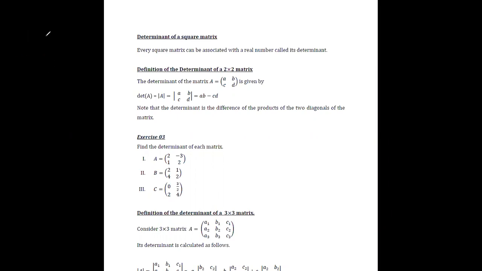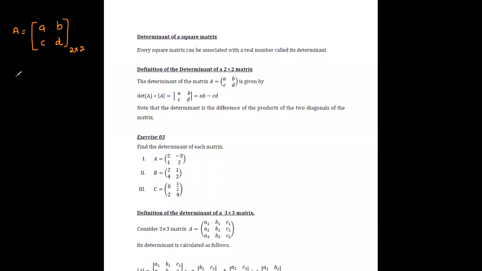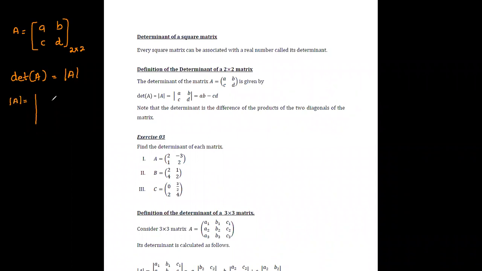Suppose that you are given a 2 by 2 matrix, named the matrix A, with elements A, B, C and D. You are asked to obtain the determinant of this matrix A. To obtain the determinant of matrix A, what we can do first is write down the elements of this matrix within the determinant notation.